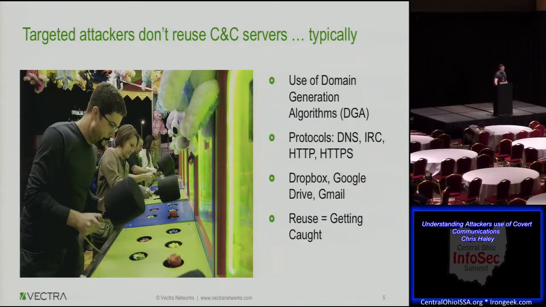There are commodity tools like Gmail, Dropbox, and others being used for CNC, and we're going to talk about that. Simply put, though, the reuse of command and control can lead to these individuals getting caught. If they continuously use the same locations, their attack could fail.